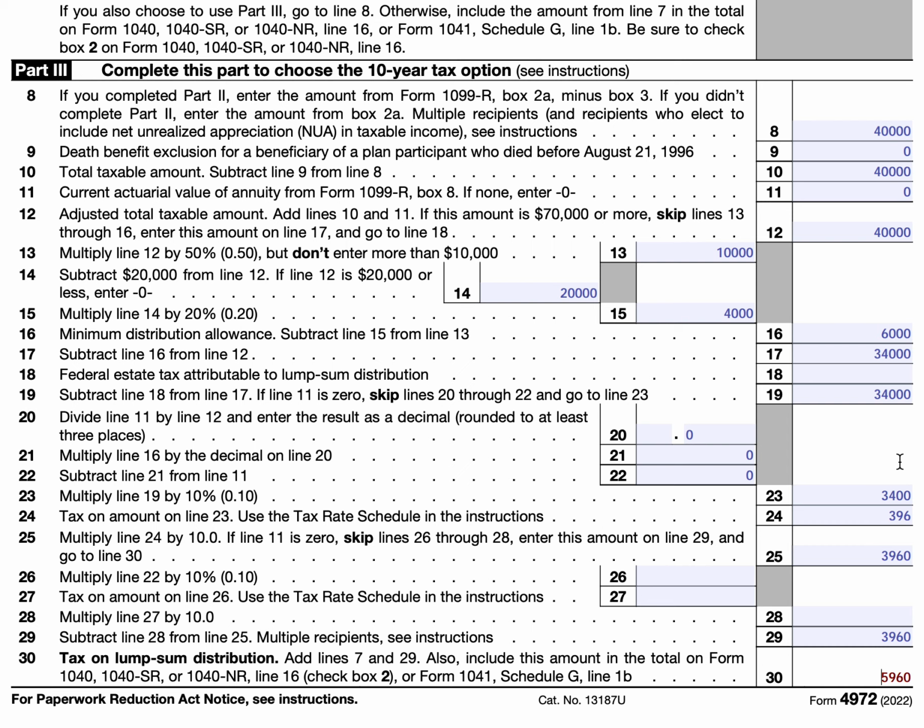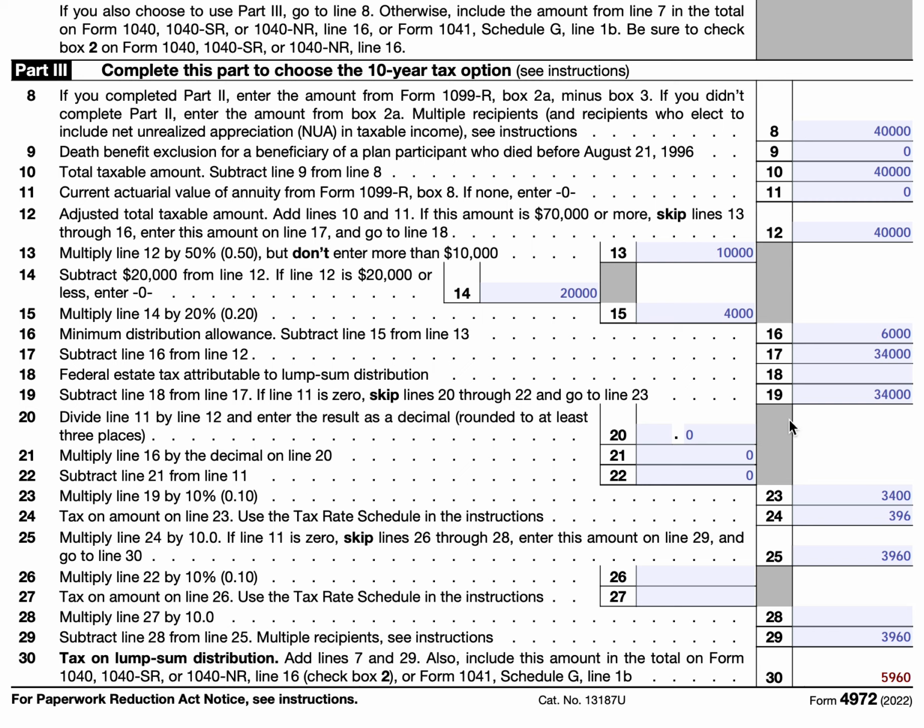In line 18, in this situation, there is no estate tax attributable to this lump sum distribution. There are special instructions in the form instructions, but you would have to reduce the taxable amount of the distribution by any federal estate tax that you paid on the distribution itself.